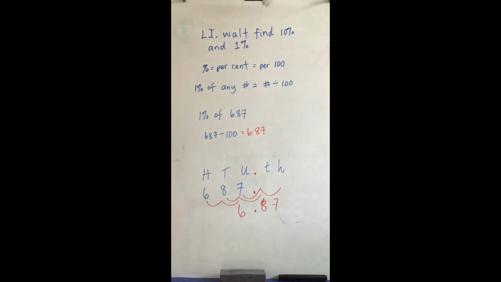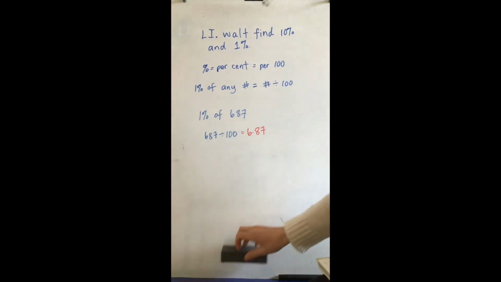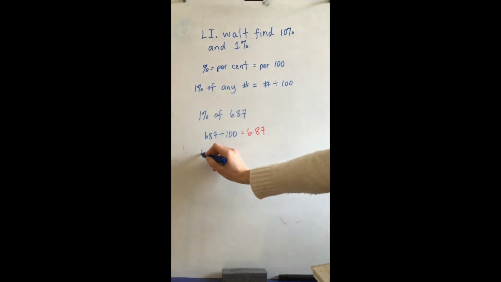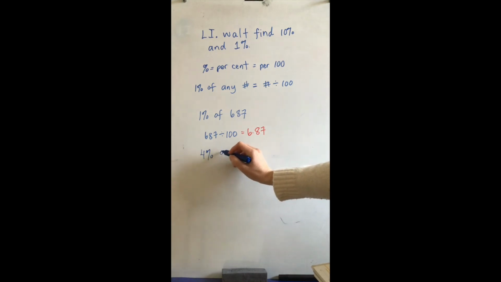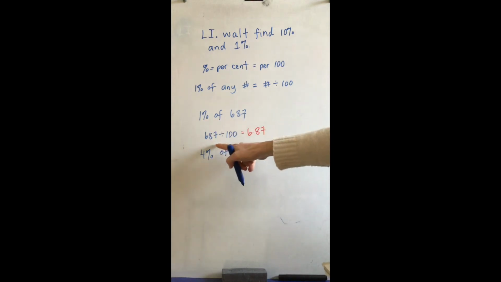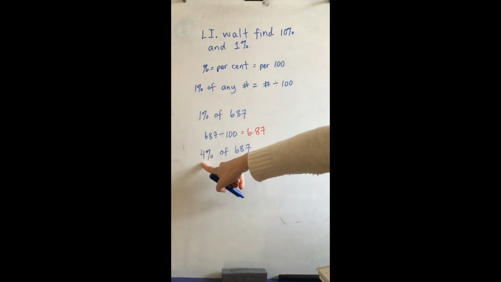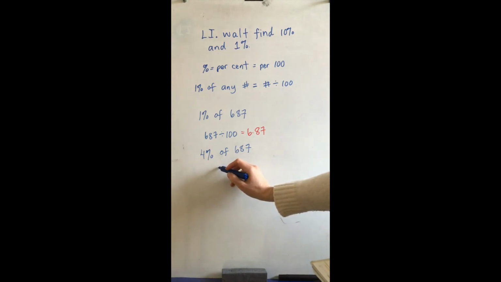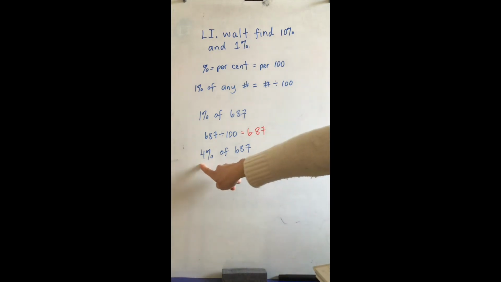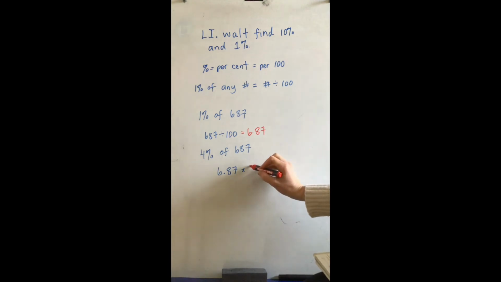Once we know what 1% of 687 is, we can find any number. We could find 4% of 687, because now I know that 1% is equal to 6.87, and in order to find 4%, all I have to do is take 6.87 and multiply that by 4, and I would end up with my answer.